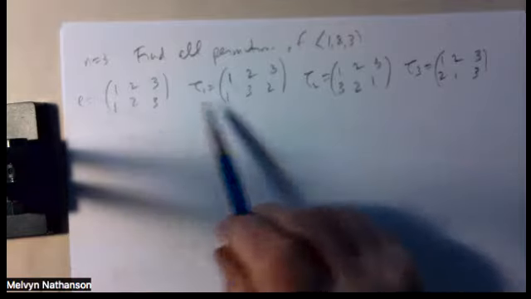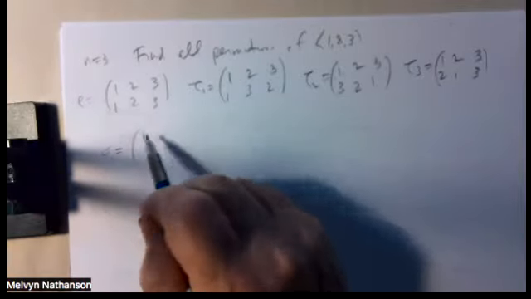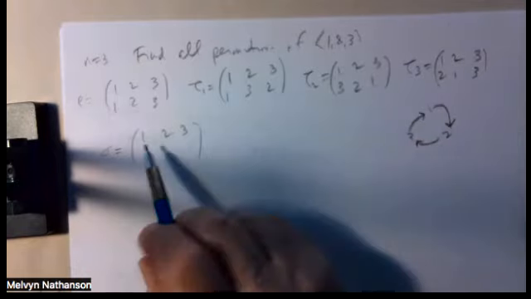This is the identity. Each of these fixes one element, but of course you can also have a permutation where no element is fixed. You can look at this as a picture. Suppose you have 1, 2, and 3. You can take the permutation that sends 1 to 2, 2 to 3, and 3 back to 1.